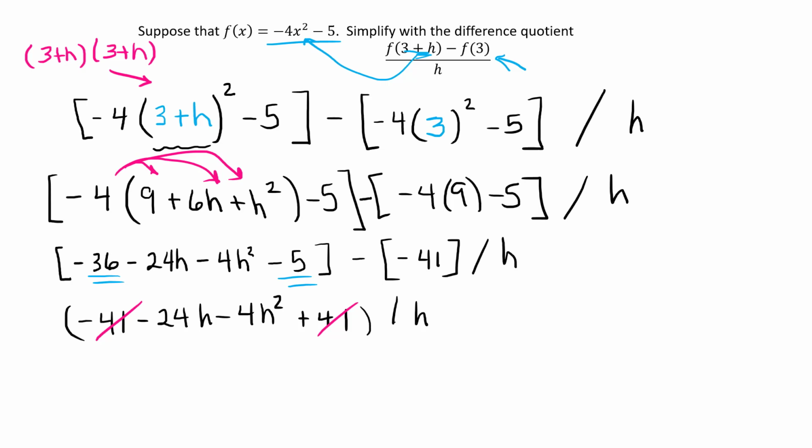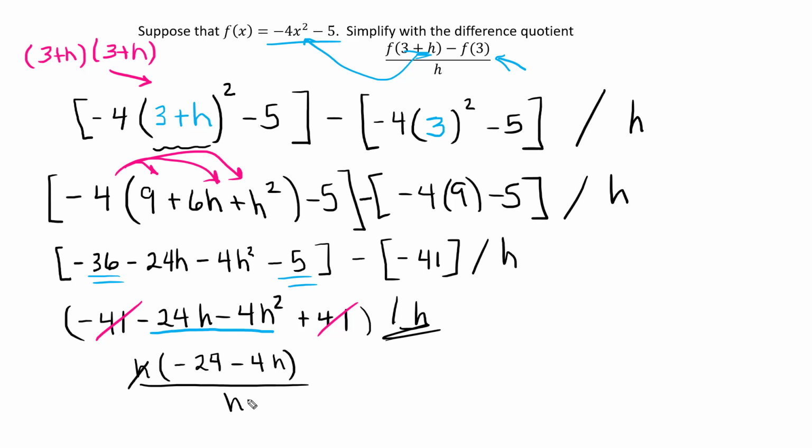That will always happen. All right, so now in this piece right here, I'm going to factor out an h out front. So I end up with -24 minus 4h, and I still have this h, so all over h.